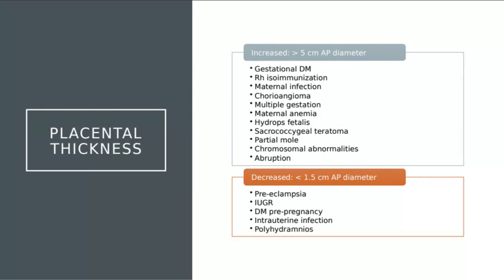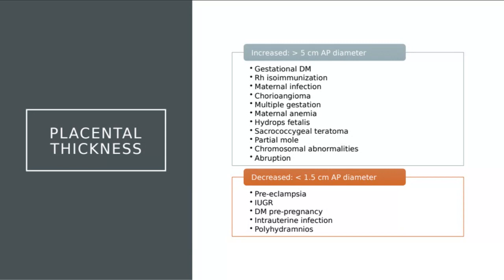Now, gestational diabetes, this is something that we're going to talk about. Same thing with RH isoimmunization. This is also RH sensitivity or blood incompatibility. If there's a maternal infection that the placenta is trying to process, if there's a chorioangioma, which we'll talk about, multiple babies, so multiple gestations can have a large placenta to help supply both of those babies equally.